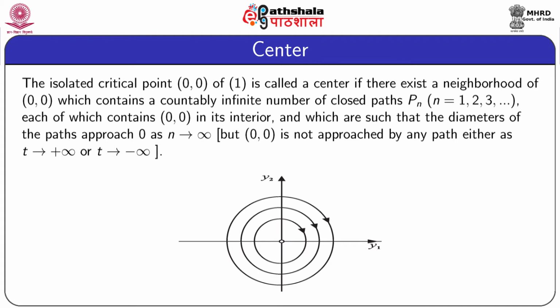It is this circle which is reducing in diameter and ultimately it coincides with (0,0), and hence, as defined, the diameter of the path approaches 0 as t tends to infinity, but (0,0) is not approached by any of the closed paths.